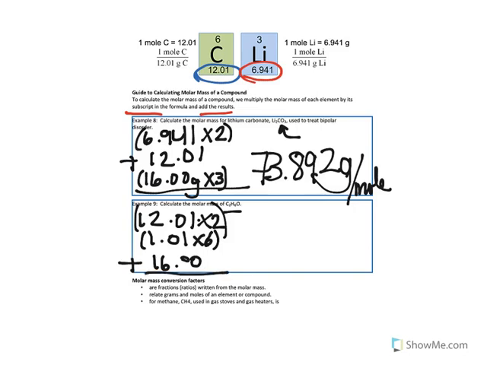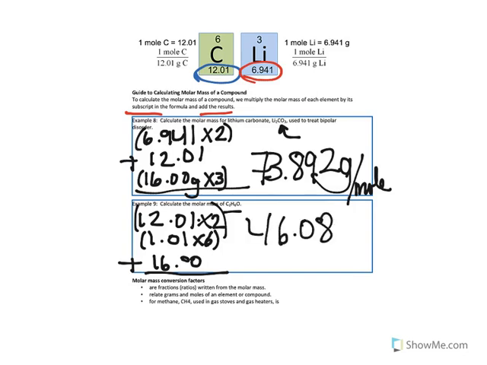Then we add these totals up. So, again, if you're typing this in your calculator, please be sure that you are following your order of operations. It is 12.01 times 2, which should give you 24.02, plus, parentheses, 1.01 times 6, end parentheses, plus 16.00, which should give you a total mass of 46.08.